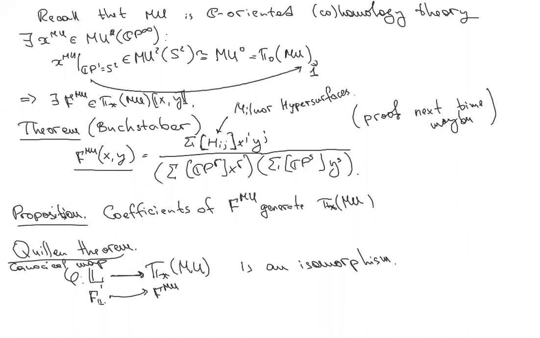Vanya, Mark, Saman, and Vladimir. Are there any other questions on how to deduce Quillen's theorem or proposition from Buchstaber's theorem and Novikov's theorem, and also Lazard's theorem, which is purely algebraic?